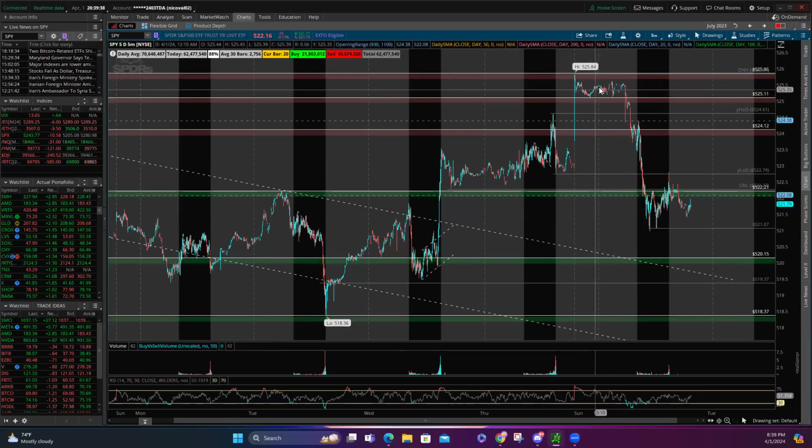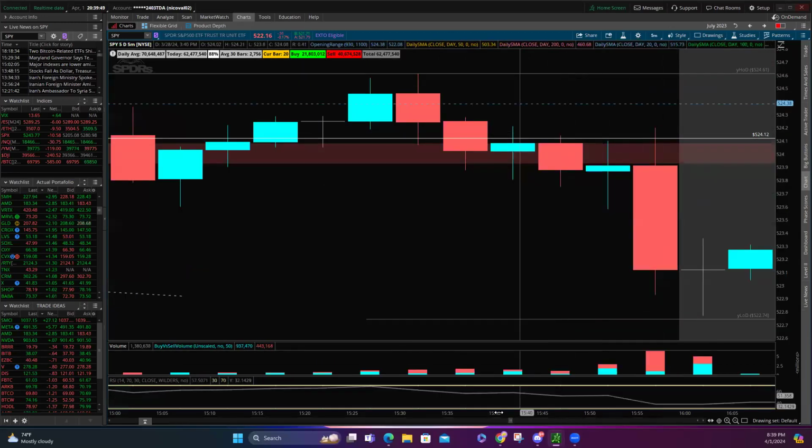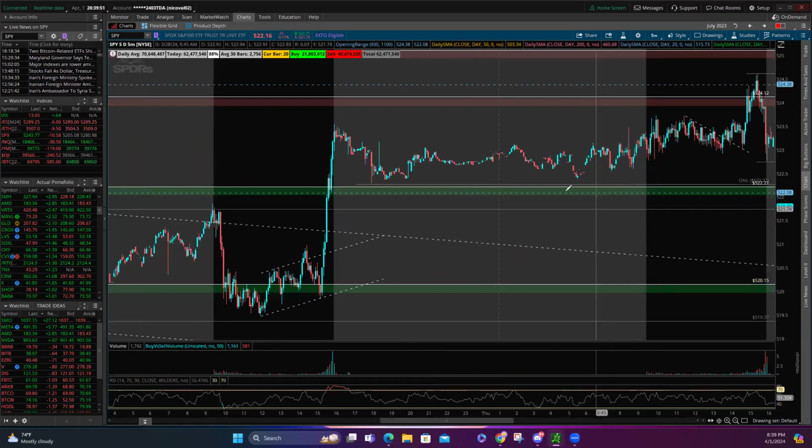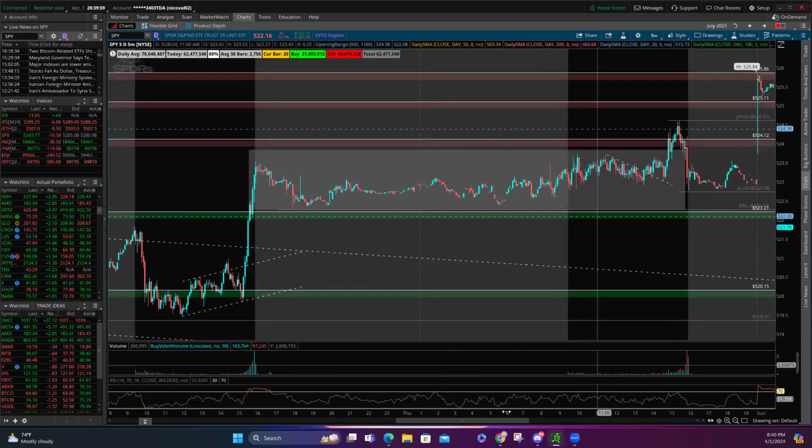Like look at yesterday, what happened with the SPY on the pre-market and the aftermarket. We got from here to here, and then all of a sudden we broke it.